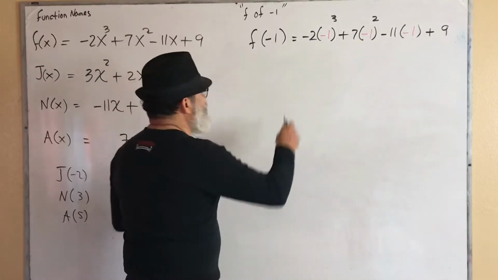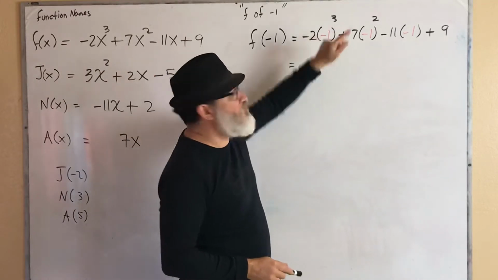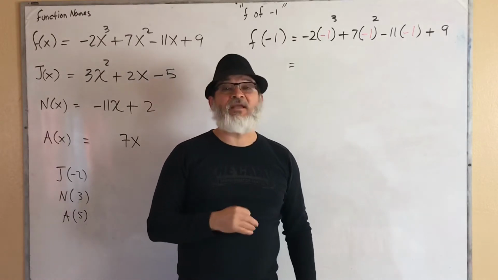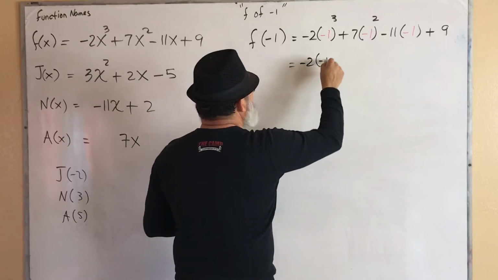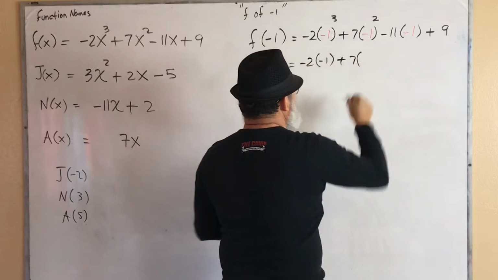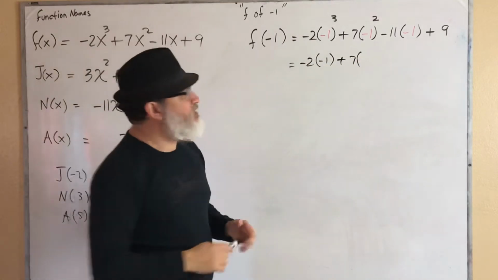Okay? So therefore, this is -1 to the third. What's -1 to the third? -1 times -1 times -1, that's -1. So this is -2 times -1. Plus 7 times what? That's -1 times -1. What's a negative times a negative? Positive. That's a 1.